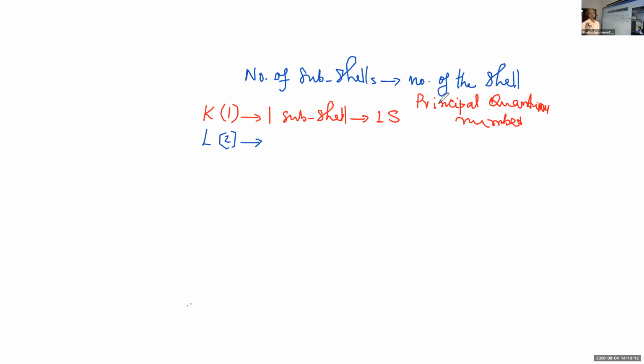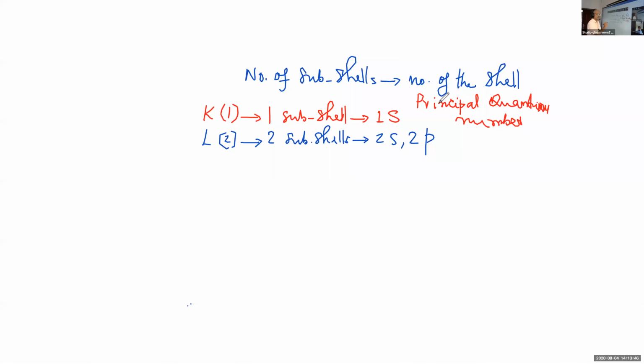Therefore, two subshells are possible, and these subshells are S and P. They are named 2S and 2P.